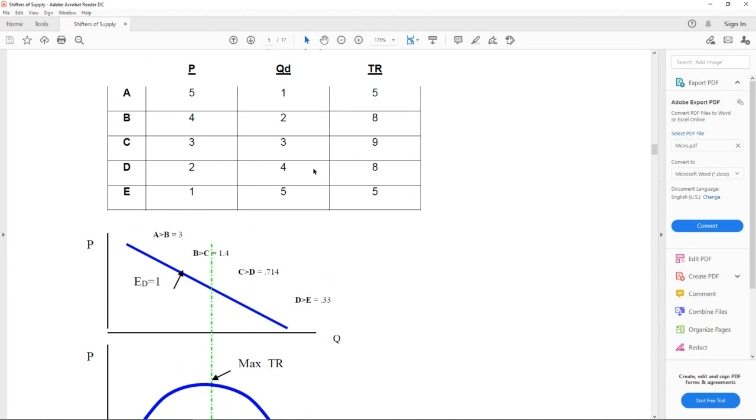From D to C, 4 minus 3 over 4 plus 3. So that's going to be 1 over 3.5 divided by 3 minus 2 is 1, 3 plus 2 is 5, divided by 2 is 2.5. So we're going to do the math. It's going to end up being 2.5 over 3.5, which is going to be 0.714.